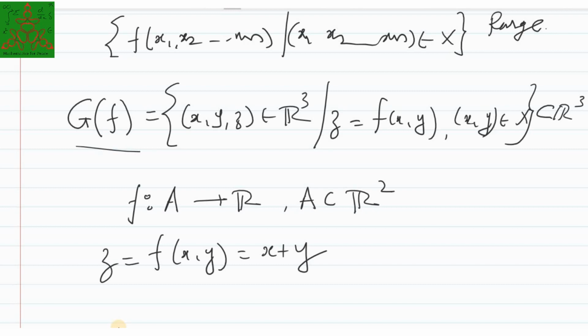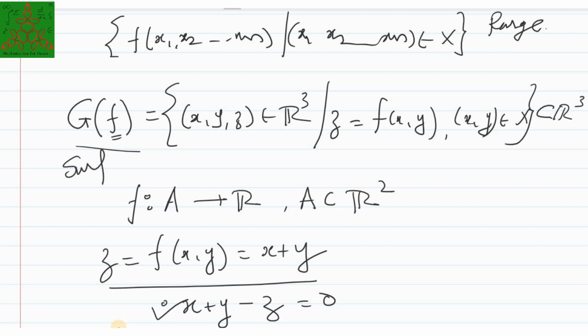So I can say z is a function of (x, y), and this represents a surface of the form x plus y minus z equal to 0. You know that this represents the equation of a plane. Whenever a function of two variables is given, geometrically it represents a surface. The graph of f, if f is a function of two variables, is known as a surface.